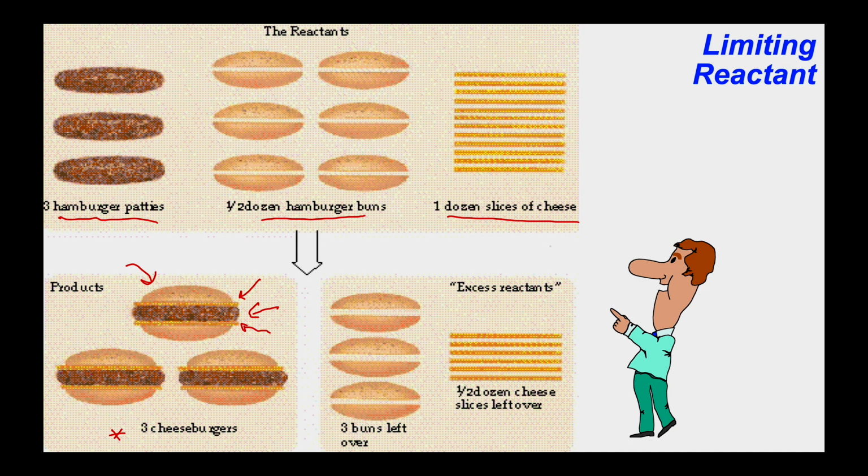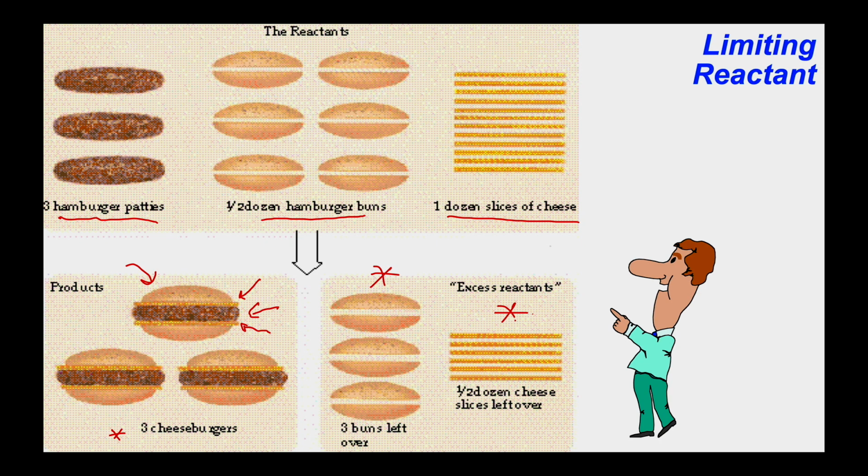At the end of the reaction, you're going to have 3 buns left and 6 slices of cheese. And maybe you or your friends are into a cheeseburger, which is literally cheese and a burger, no burger itself. Cheese sandwich. My terminology here is stepping all over me. But anyway, you can see you've got excess cheese and excess buns left over.